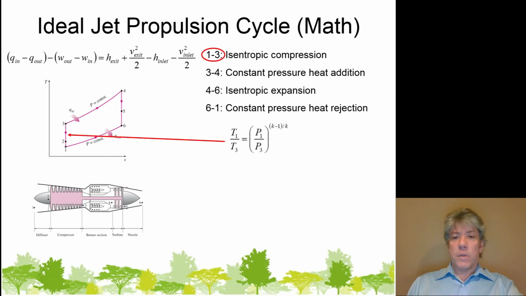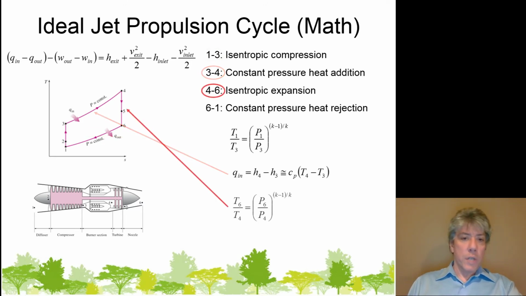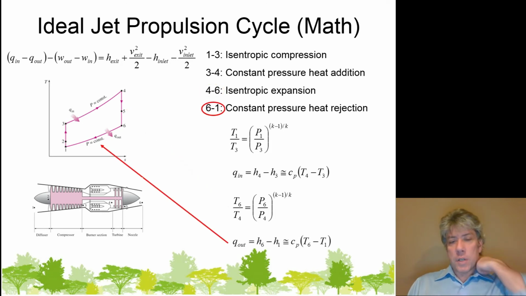Now we can still use our isentropic equations, and pressure ratios are good to use here. They're fairly easy to use most times. Our energy balances for heat addition and heat rejection, and then an isentropic equation for expansion through both the turbine and the nozzle is useful.